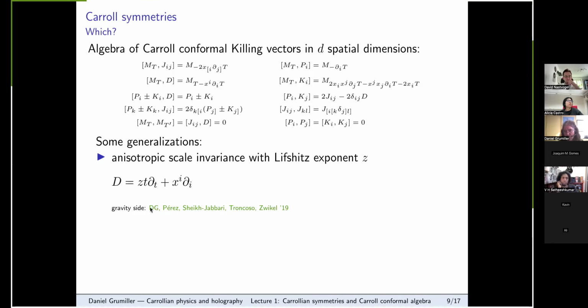This is known from generalizations of conformal symmetries as well. But in the Lorentzian context, introducing this is a bit unnatural, because once you introduce anisotropy in a Lorentzian context, you automatically break Lorentzian boosts, because Lorentzian boosts don't discriminate between space and time, but this dilatation generator does.